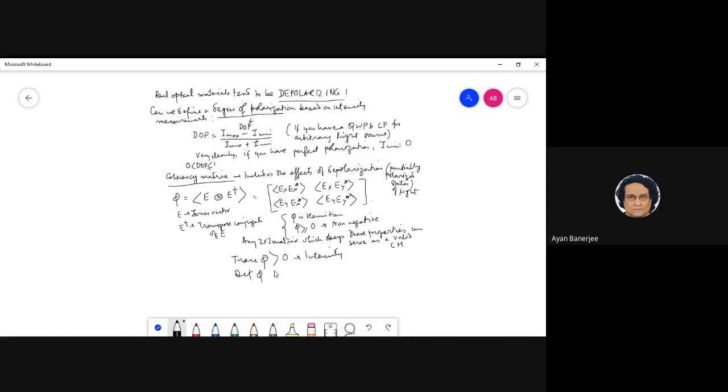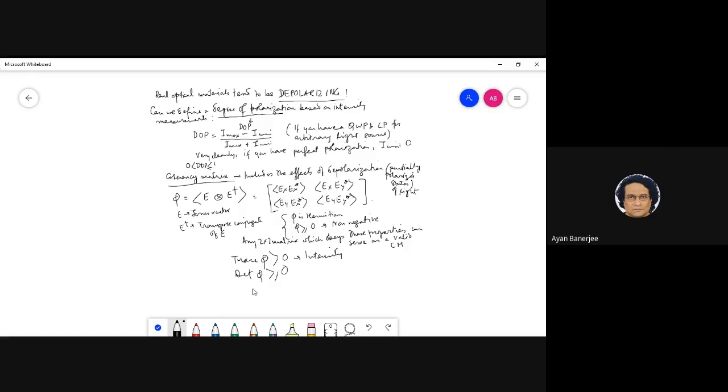When it's totally polarized, completely polarized, the determinant will be? When it is completely polarized, it is equal to... very important. When it is completely polarized, the determinant is 0.